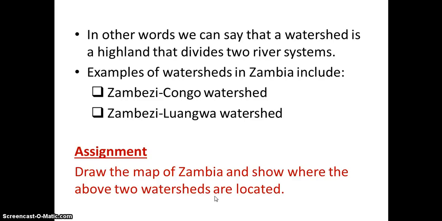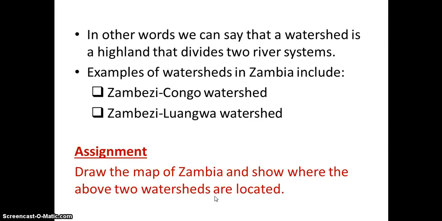Now, I have a task which you need to do, and this task needs to be submitted tomorrow before 20 hours. I want you to draw the map of Zambia. Try to draw it without looking at the atlas. Well, for practicing, you can first look at the atlas, but later on I want you to draw it from your head. But now, draw the map of Zambia, and I want you to do a little research.